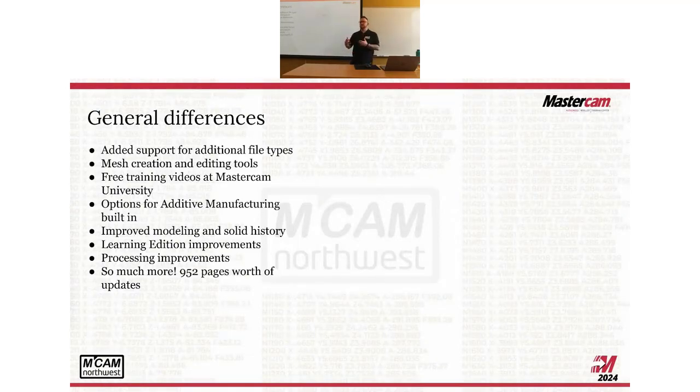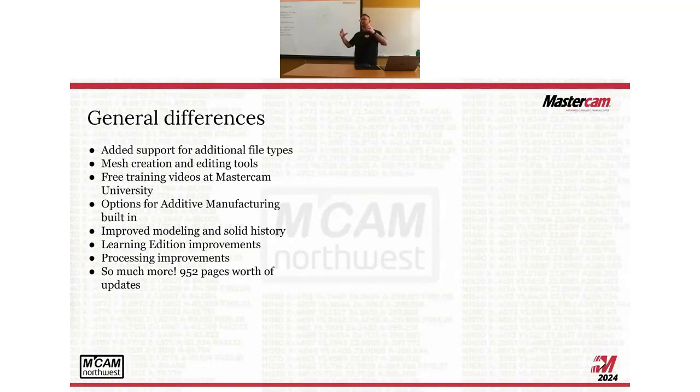General processing improvements. In general, it just does a better job at actually calculating things. My example for this: I was getting ready for this and I had to go back and learn 2017 because I never really used it. I started in 2019, right, Charlie? And so I had to go back to 2017 to learn how to do some stuff.